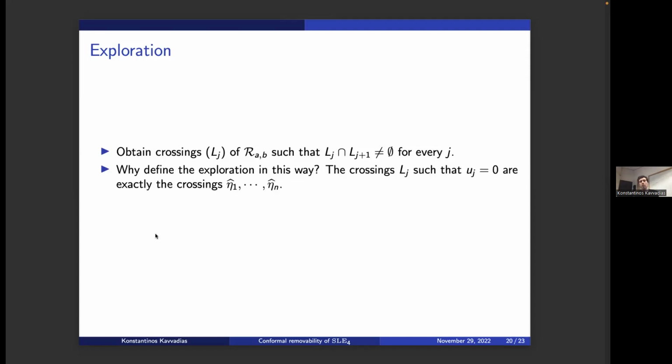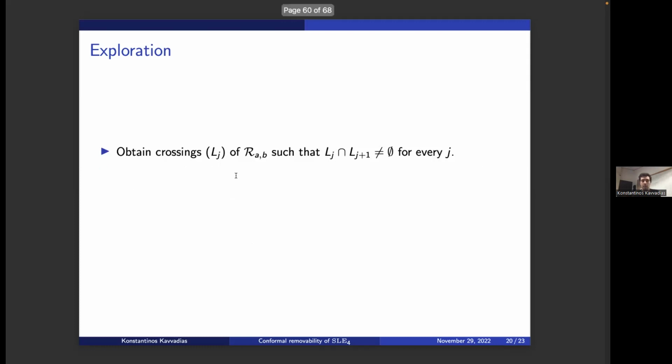And the point is why someone should define the exploration in this way. We define it in this way because the crossings with height equal to 0, where uj is equal to 0, are exactly the crossings uj hat. Here, they are part of those crossings. Why is this true?